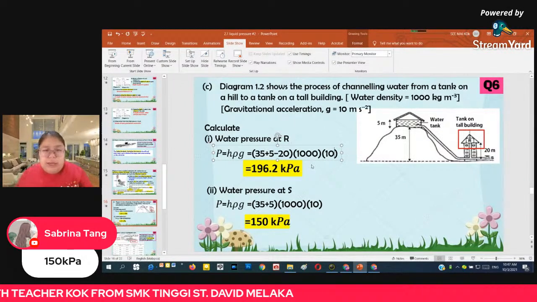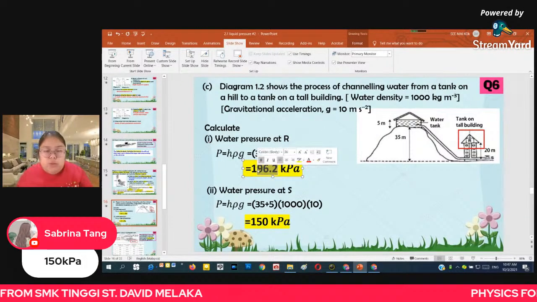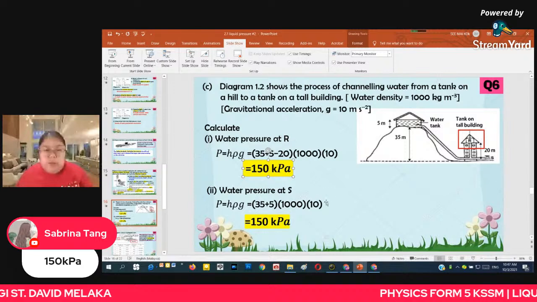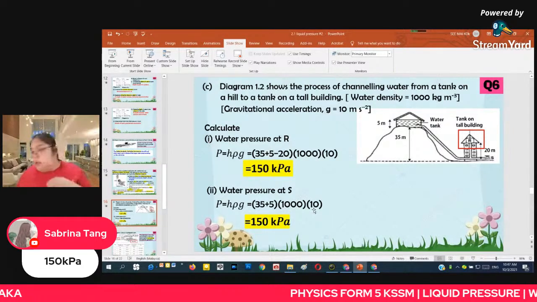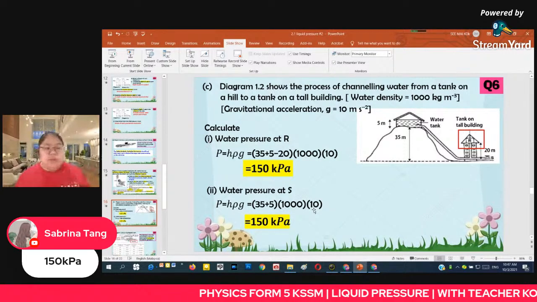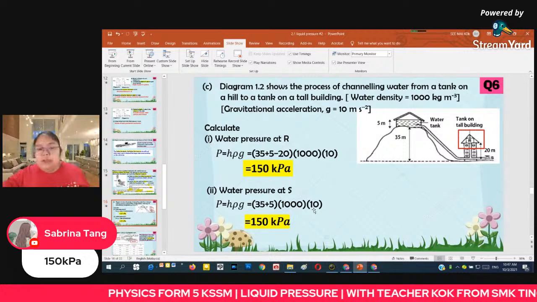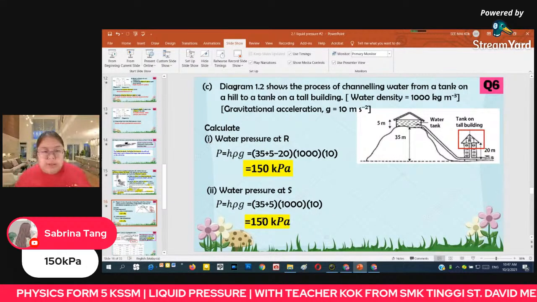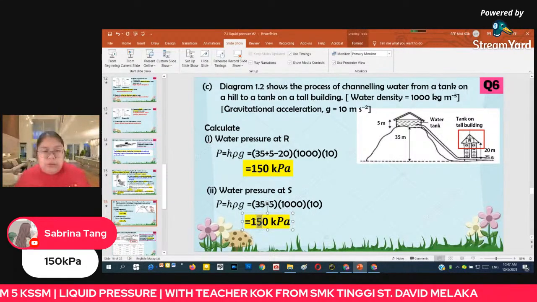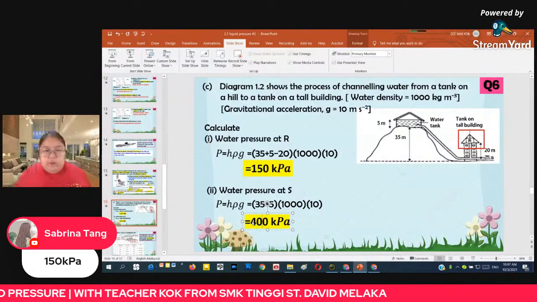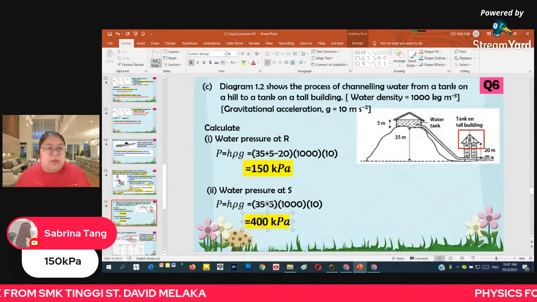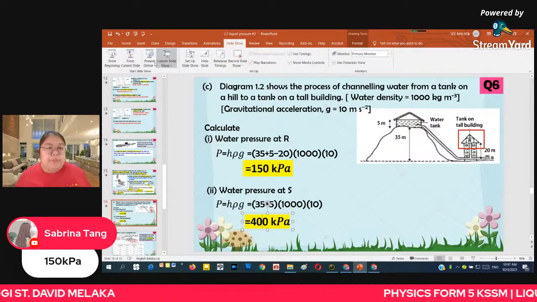So this one become 150 kilo. This one also change, so I need to do my calculation. So now you help me to change the other one. This one is 0, 35, 40. So 400 kilopascal. Okay, so we can show already.